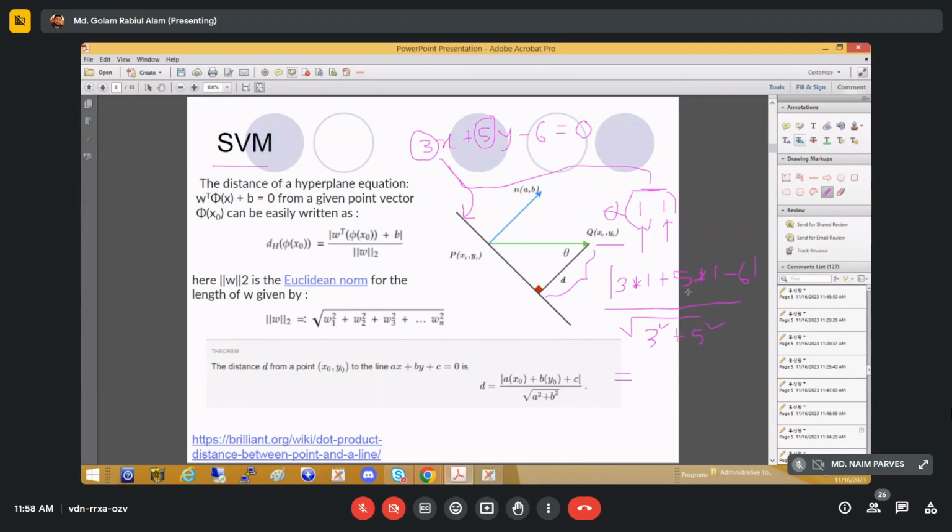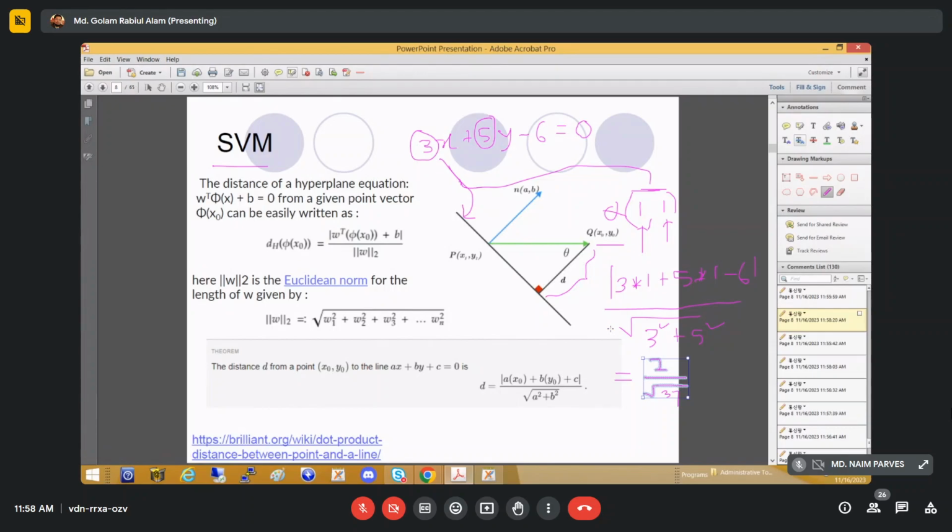So 3 plus 5 is 8, 8 minus 6 is 2, divided by the square root of 9 plus 25, which is 34. So this will be the distance.